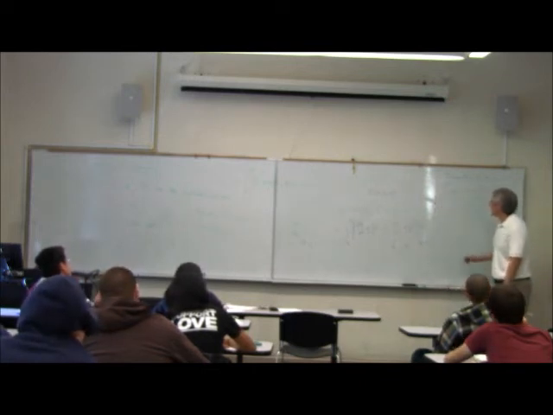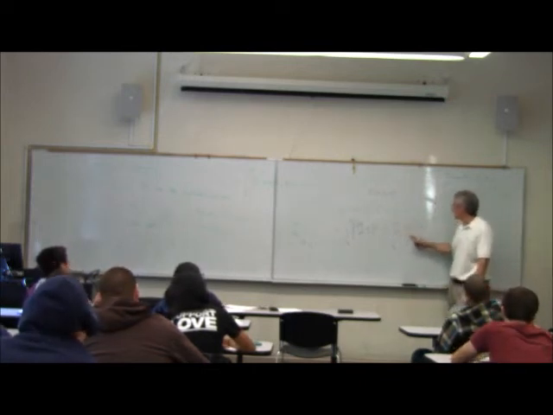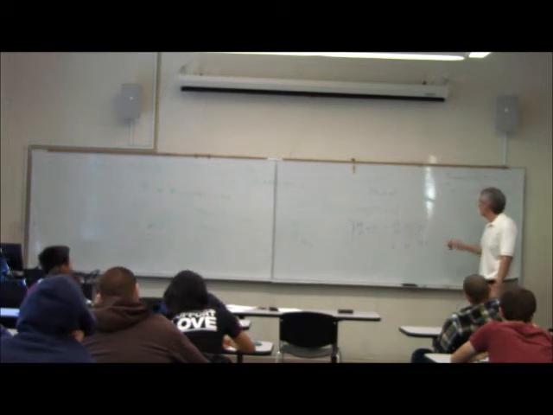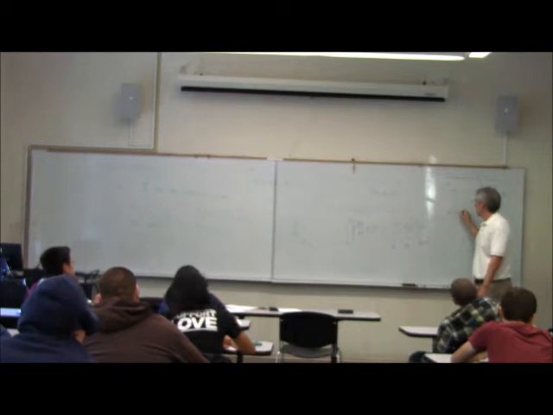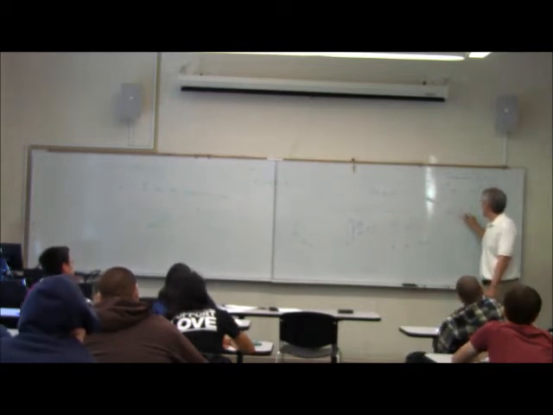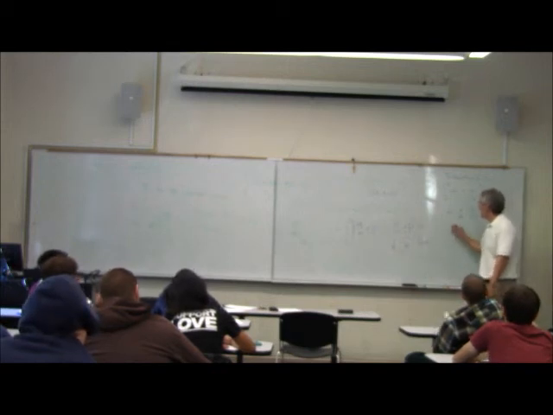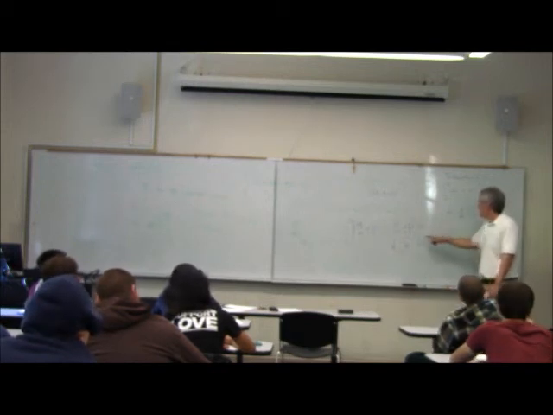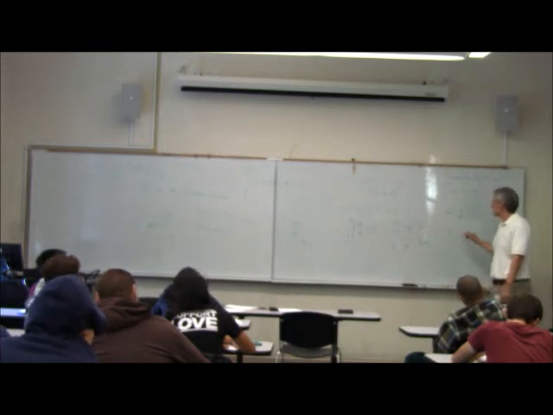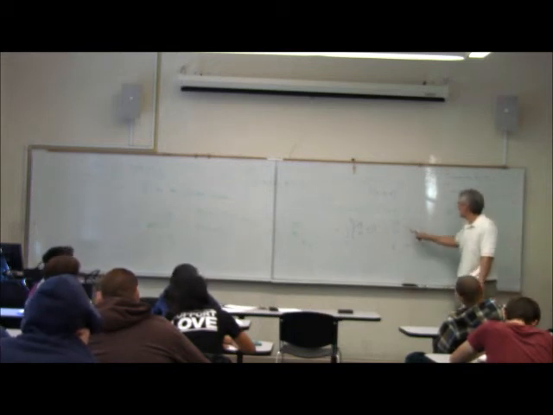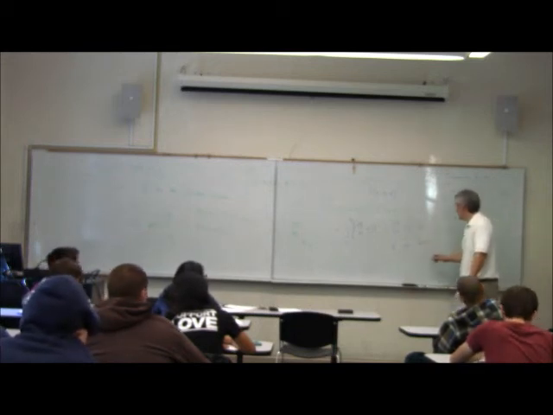Okay, so if this is u and this is dv, then that means that du is going to be d dx of partial f partial y prime times dx, and v is going to be, so the dx is really part of this also, so let me rewrite that.